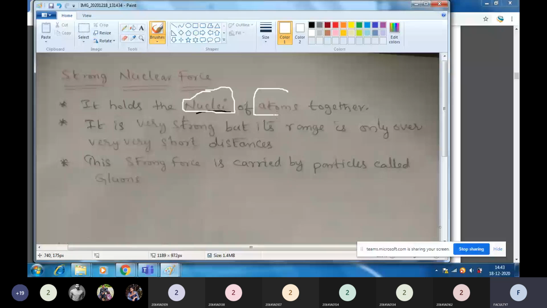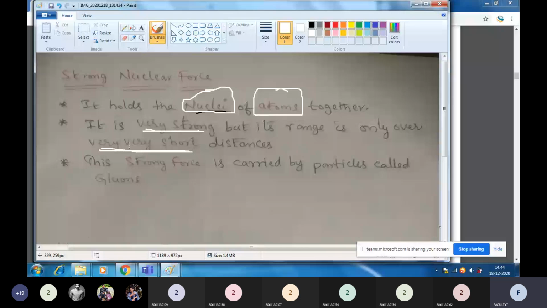These nuclear forces hold the nucleus together. These forces are very strong, but they are of very short range, because the distances inside the atom, which you cannot see, are microscopic, almost negligible.